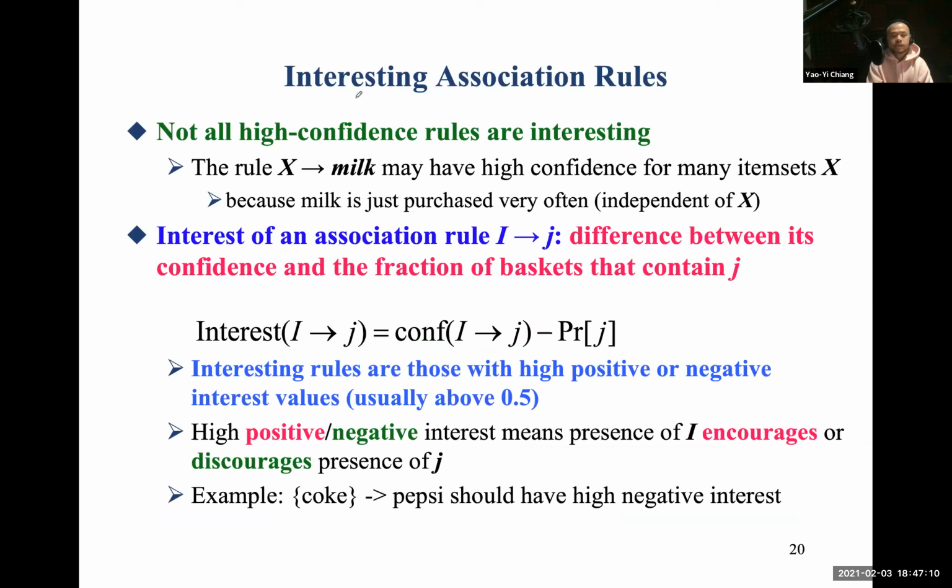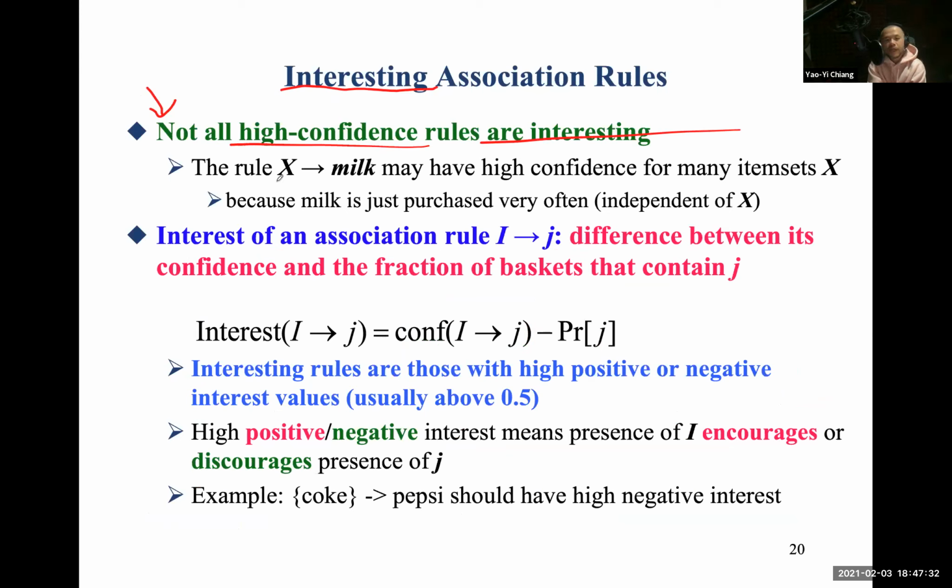All right. So other than the confidence score, we also care about another score called interest score. This is because not all association rules that have high confidence are interesting. But what does it mean, interesting?